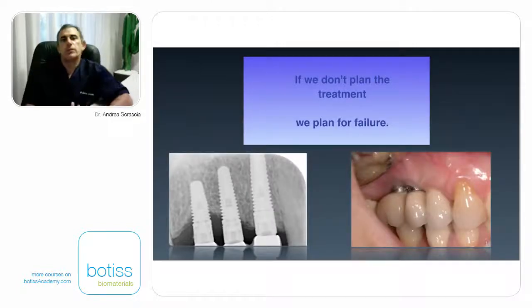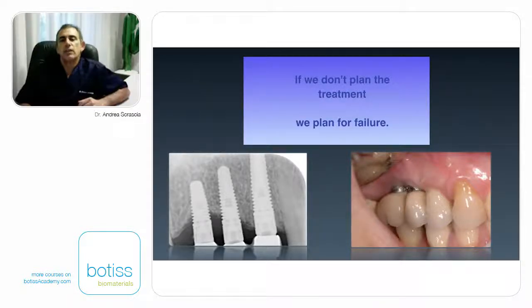If we don't plan the treatment, we plan for failure. What's most important in our practice is the study of the treatment plan, because if we do not evaluate meticulously all the clinical parameters, we can already anticipate failure.